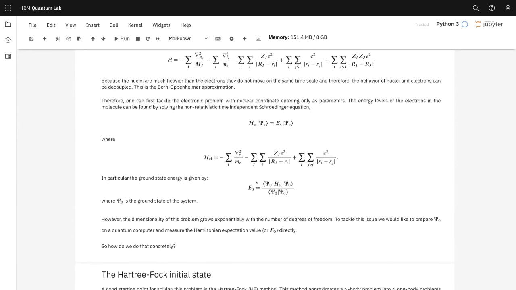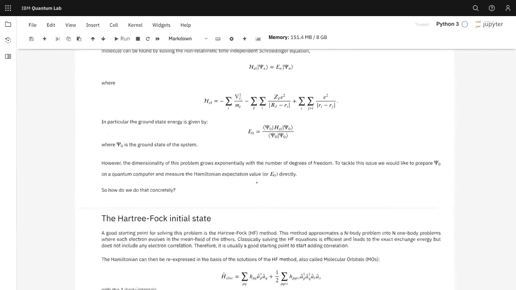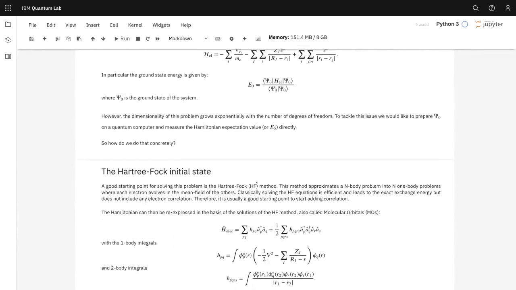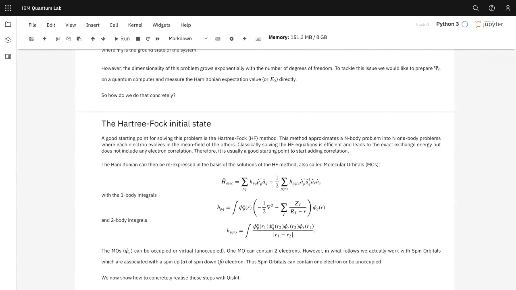And we start with the Hartree-Fock solution, which for VQE we perform on the classical computer. And we also compute the one-electron and two-electron integrals h_pq and h_pqrs.